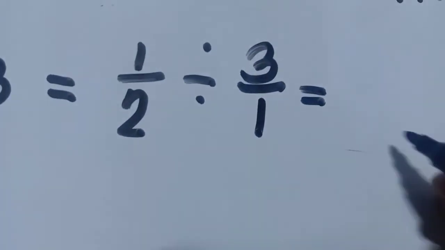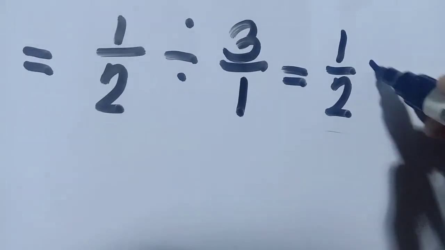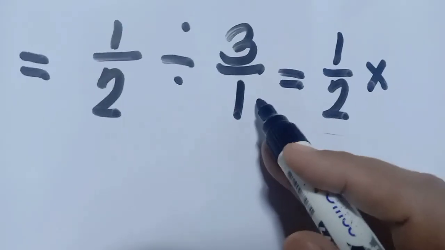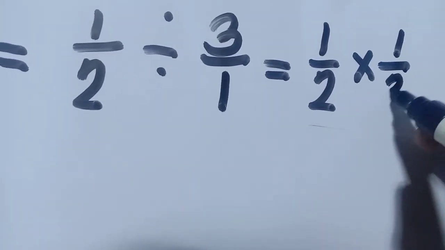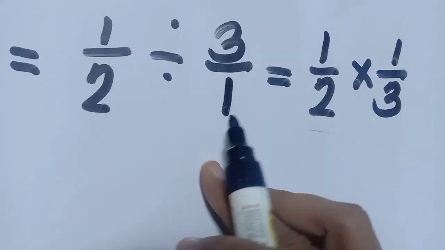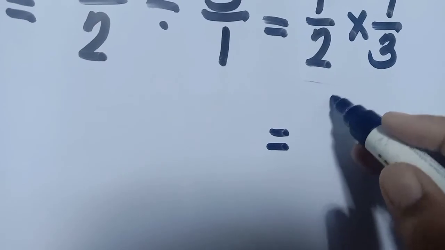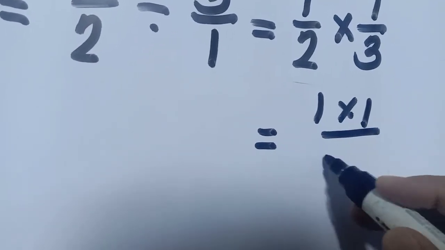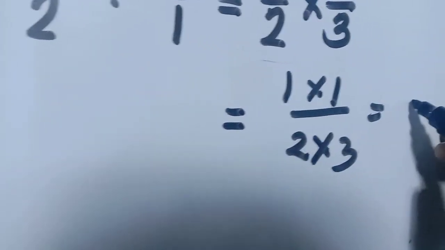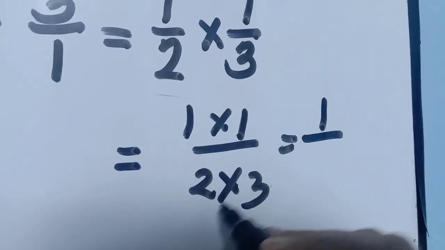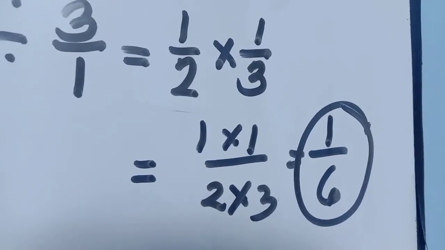Okay, next is write the first fraction, change the division sign to multiplication sign, then flip the second fraction, or get the reciprocal of 3/1 equals 1/3. Okay, here we have 1 times 1 is 1, 2 times 3 is 6. So our answer here is 1/6.